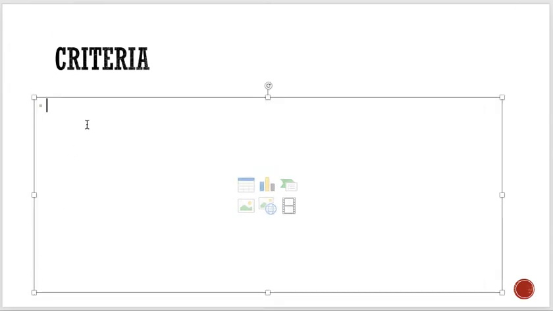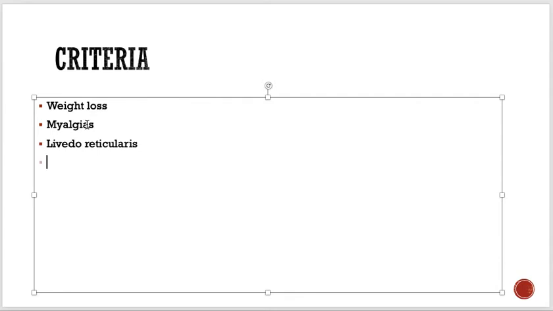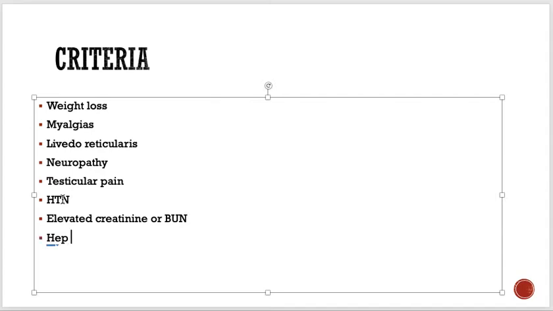For example, weight loss of more than 4 kg, myalgias, livedo reticularis, neuropathy, testicular pain, hypertension, where the diastolic blood pressure should be more than 90, elevated creatinine or blood urea nitrogen, hepatitis B, and arteriographic abnormality, which basically means aneurysms, right?